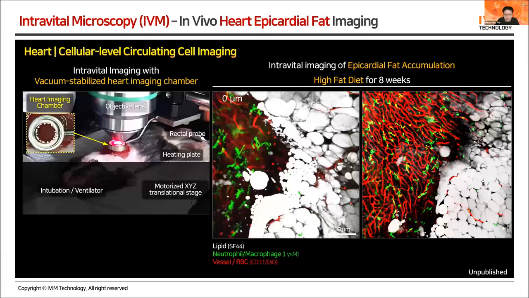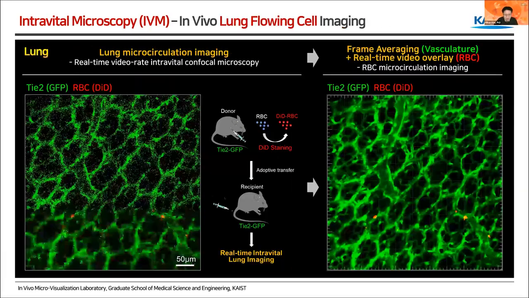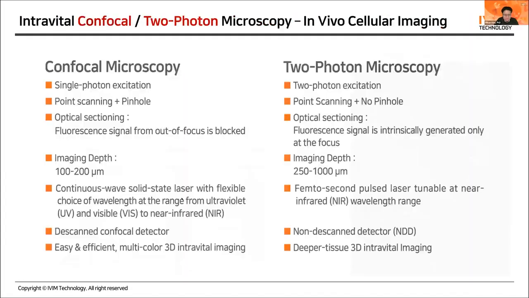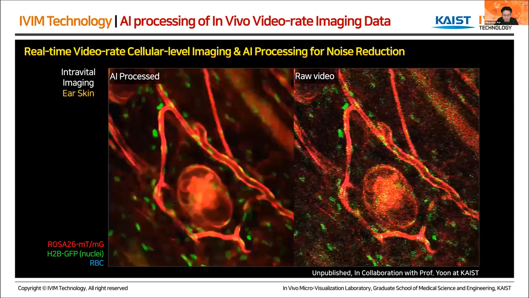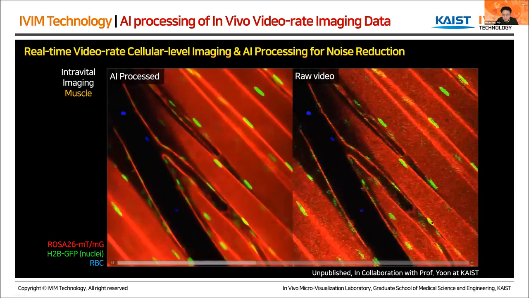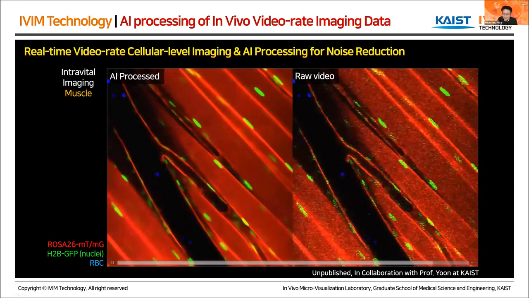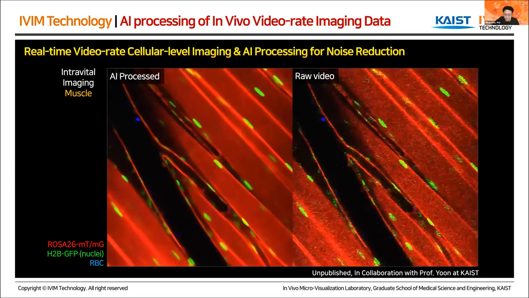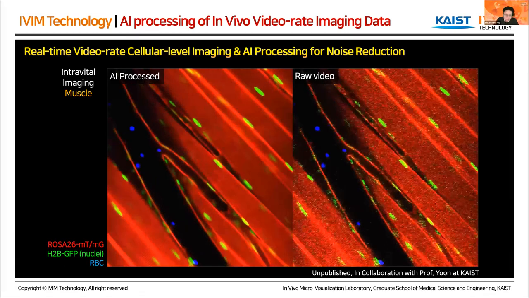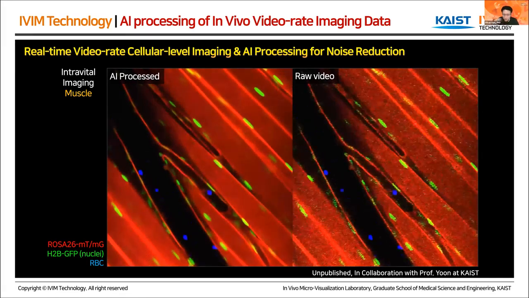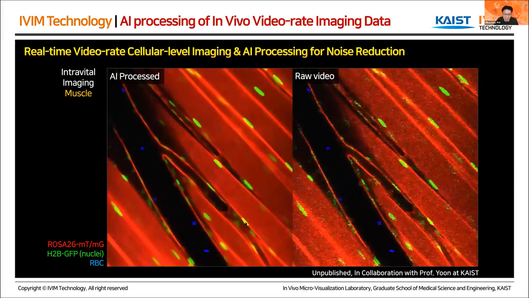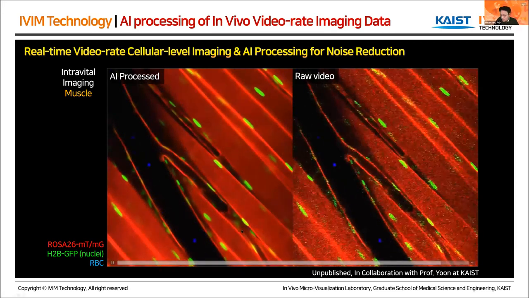By doing that, we can later build up the 3D data set at high speed. Although we are not changing the depth here, we can actively change the depth using a piezo stage for the objective lens. Then later we can do the AI processing and reconstruct the 3D data.